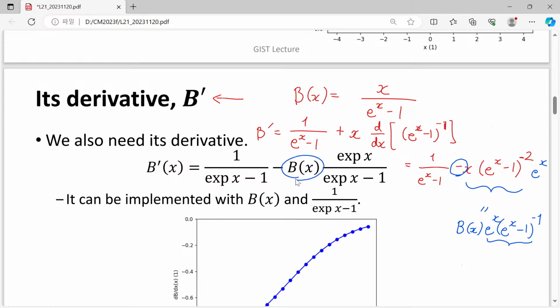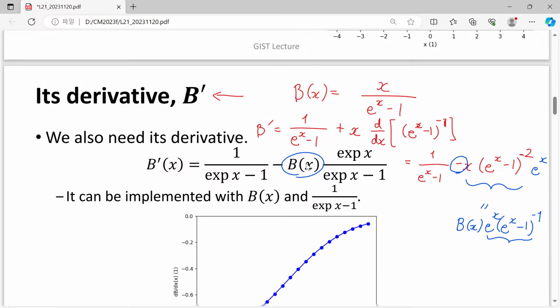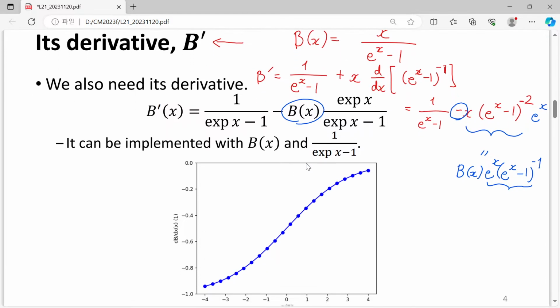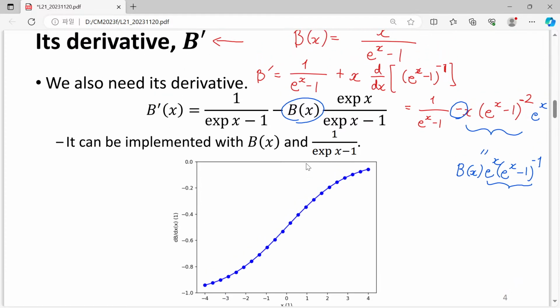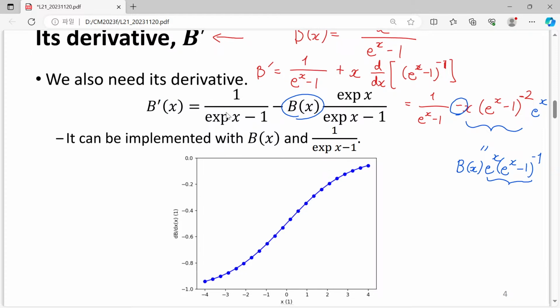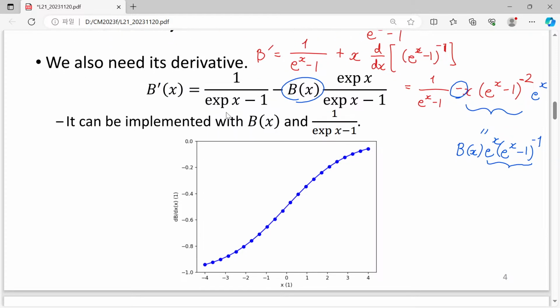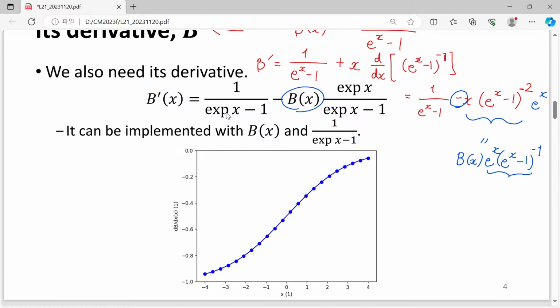So maybe reusing it is quite a good approach. Anyway, even in this case, if we have quite a small x value, then that will give us some problems. So care should be paid even for this derivative of the Bernoulli function.